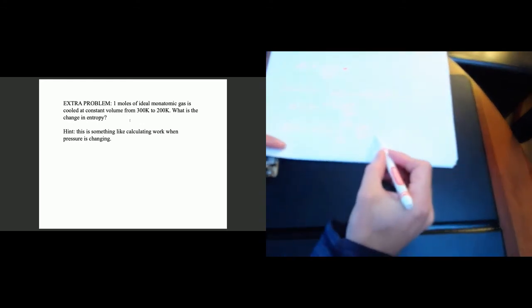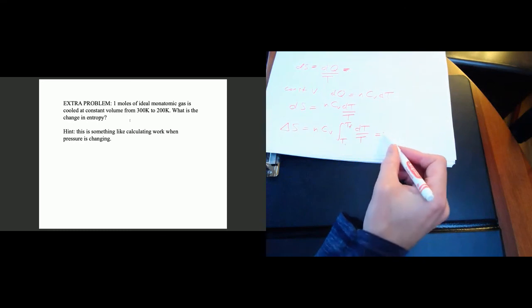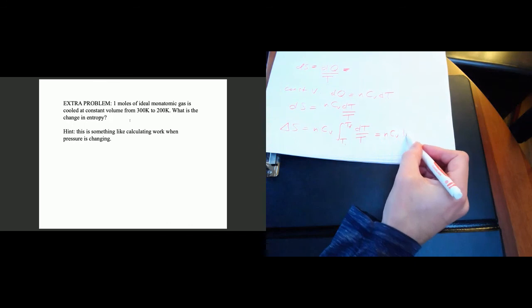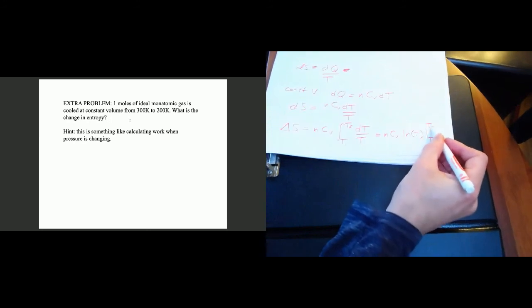And that gives you an integral. Mathematically, that's the same kind of 1 over x integral that we had when calculating work for constant temperature. So the answer is a logarithm. So we have nCV, and then the logarithm of T going from the initial temperature to the final temperature.